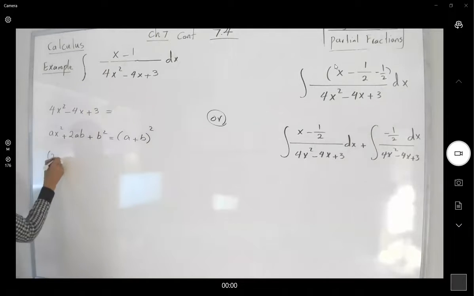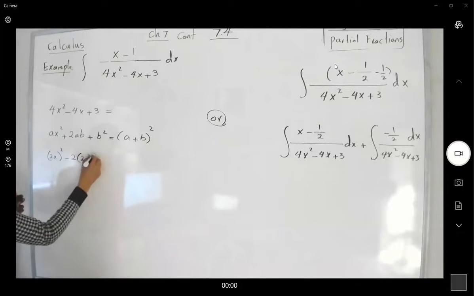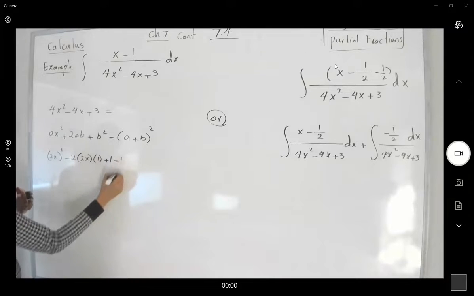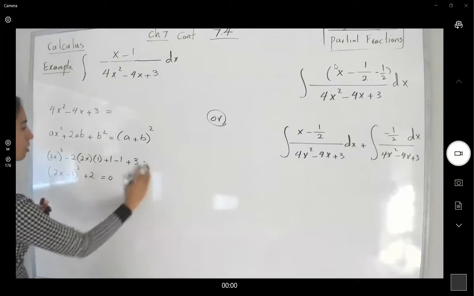Here you have 2x squared minus 2 times 2x, so you need a 1: plus 1 minus 1 plus 3. We get 2x minus 1 squared plus 2, just completing the square.